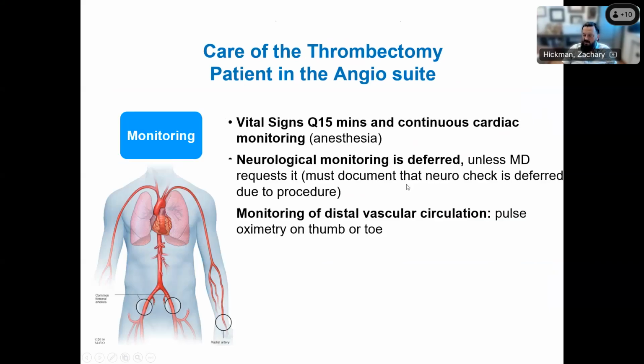That might be, if they see something on the angiogram, like extravasation or something that looks like there might be hemorrhage and the patient is not under general anesthesia, they might see if their neurological exam is still consistent with what it was at the beginning of the procedure. But a lot of times they're waiting until the end of the procedure to get another assessment. And then for monitoring of the distal vascular circulation, either pulse oximetry on the thumb or toe is used to make sure that they're still getting adequate perfusion into the extremity distal to where the puncture site is for the thrombectomy.